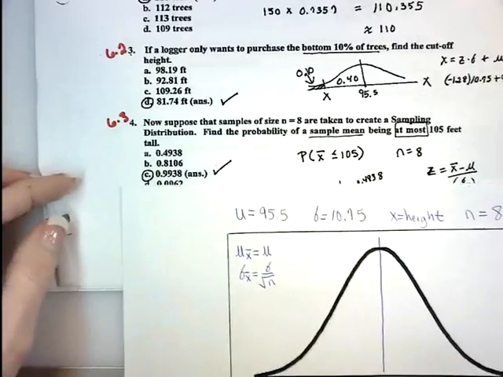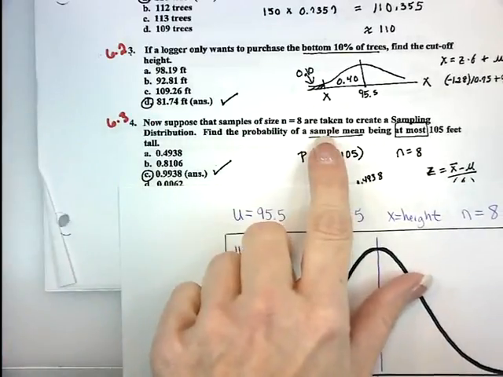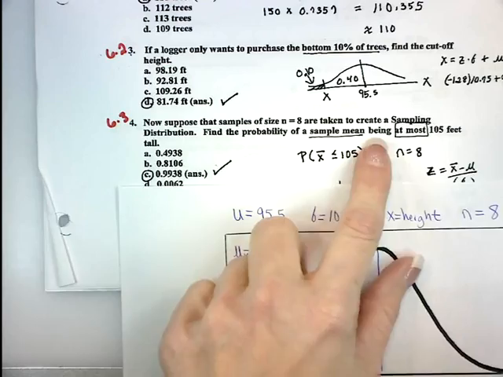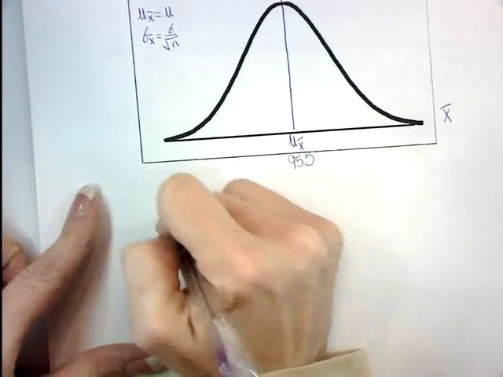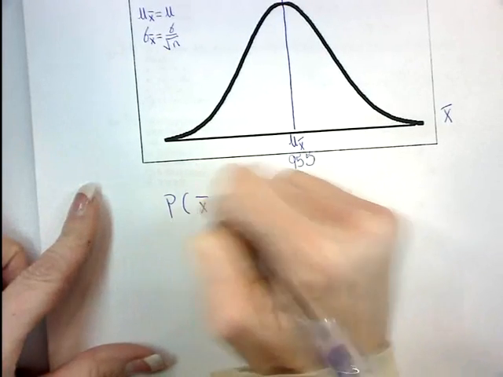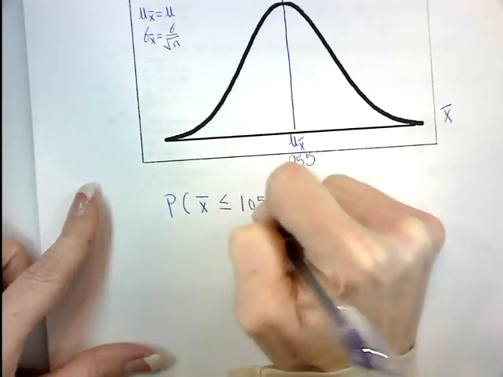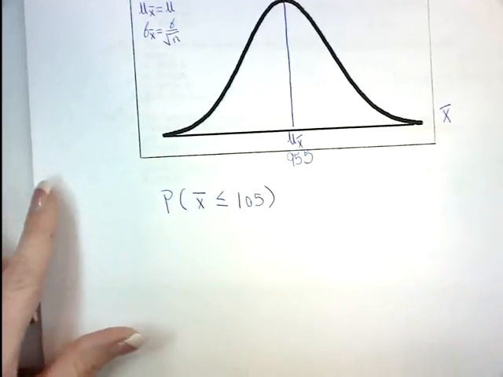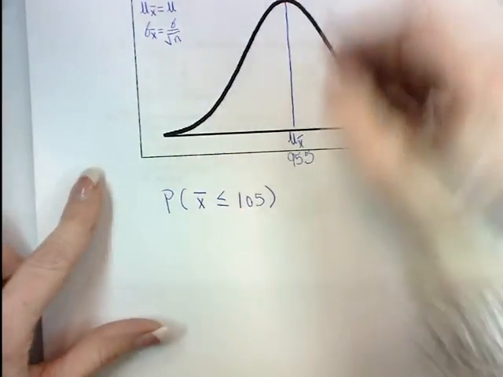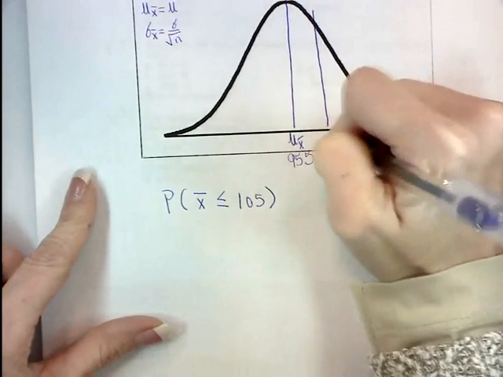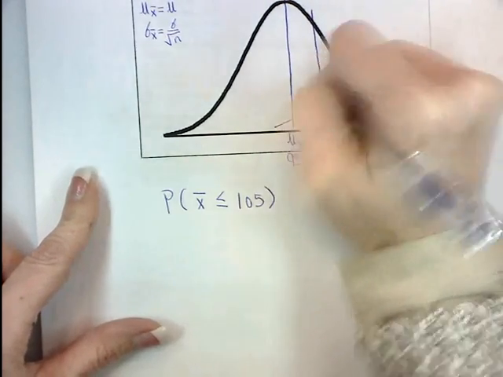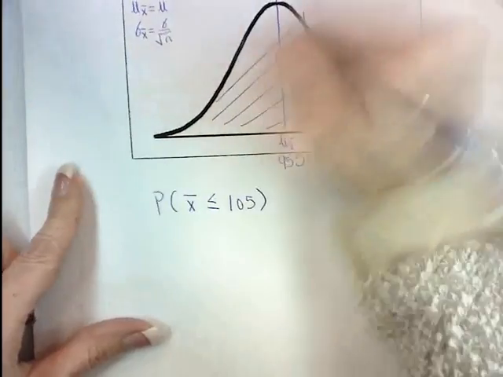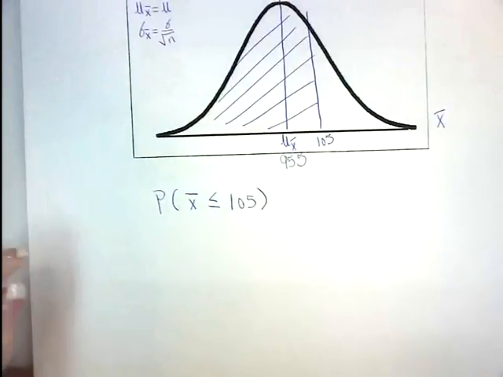Find the probability that a sample mean selected at random is at most 105 feet. That is the probability that a sample mean is at most 105. At most means less than or equal to. 105 is going to fall here, and at most means to shade below it, less than or equal to it. That area is the answer to the probability question.